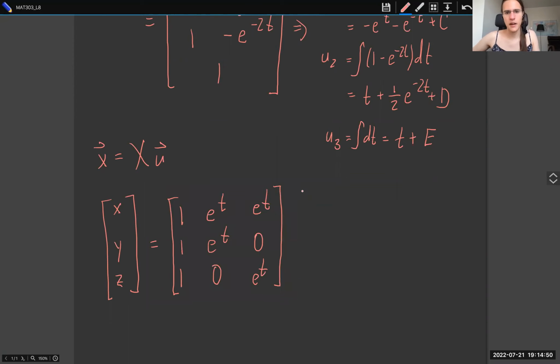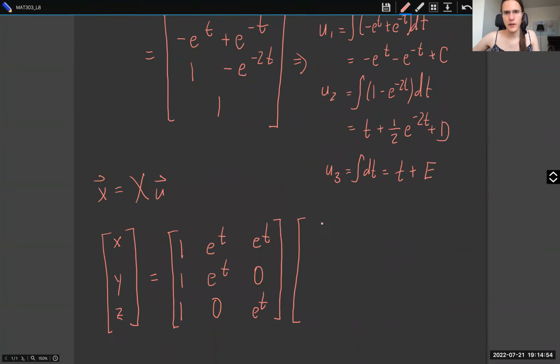And then let's pull out what our entries are. So they're negative e to the t minus e to the minus t plus c, t plus 1/2 e to the minus 2t plus d, and then t plus e.